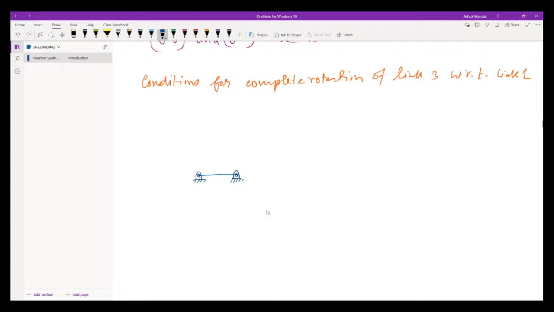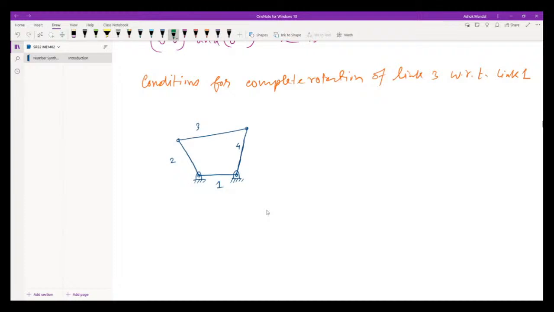And at any arbitrary configuration, suppose this is link 2, and link 3 is here, and this is link 4. This is the mechanism 1, 2, 3, and 4.